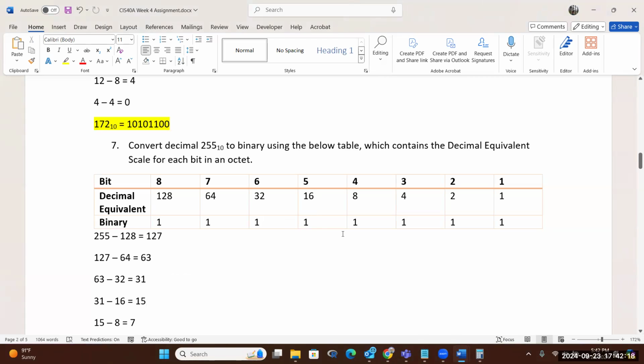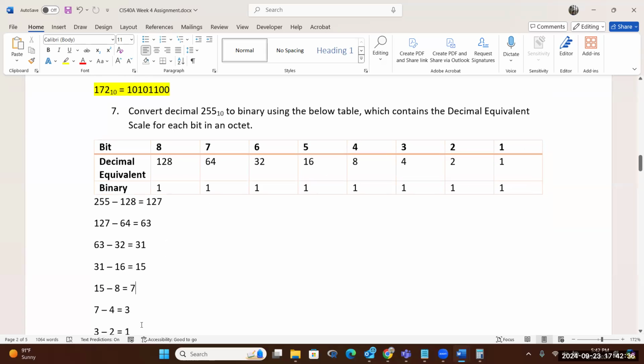And here you can quickly go through. You're like, oh, I can do this. So earlier I told you that when you have 255, all the bits are on. You prove it here, right? So 15, I can subtract the 8 because that's the next number. So I put a 1 and I'm left with 7. 7, I look here. 4 is the next number. Yes, I can subtract it. So 7 minus 4.